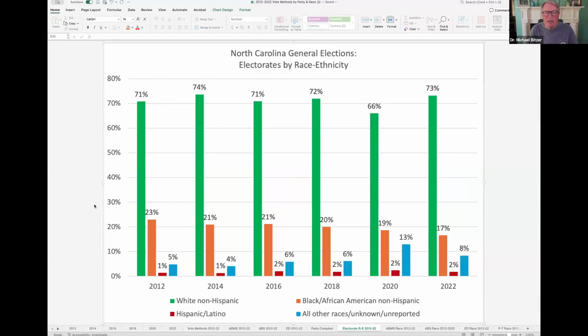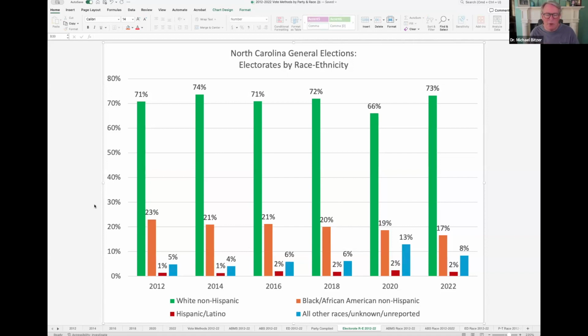Fairly consistent in terms of our racial and ethnic composition of our electorates, although there are some changes. Notably, the percentage of voters who are Black, African American, non-Hispanic has been decreasing. The white non-Hispanic has been fairly consistent.